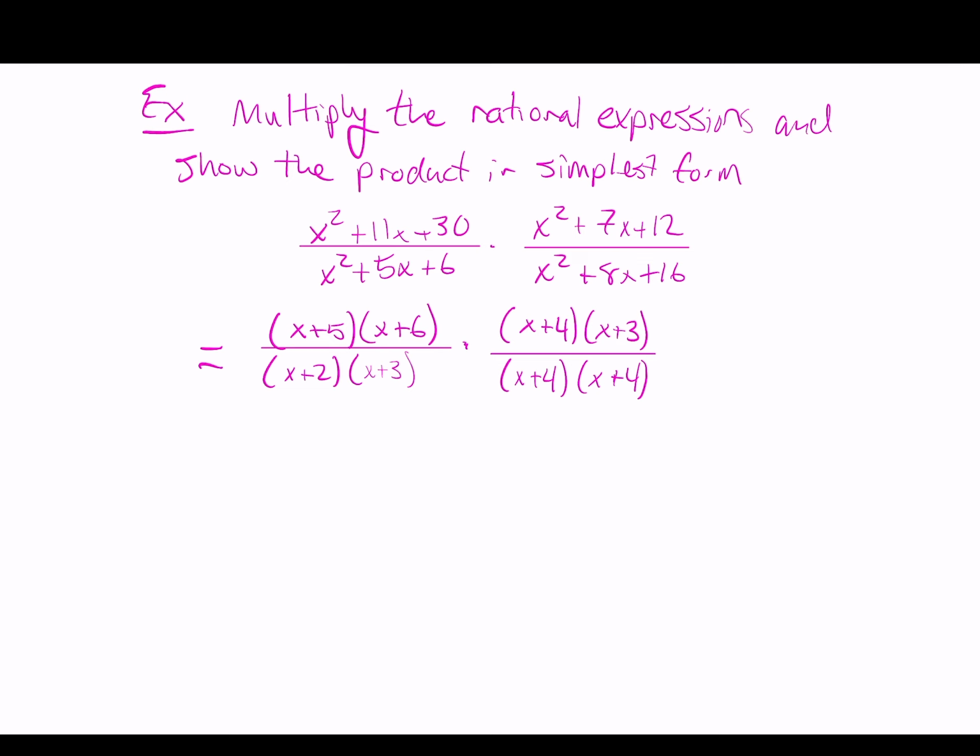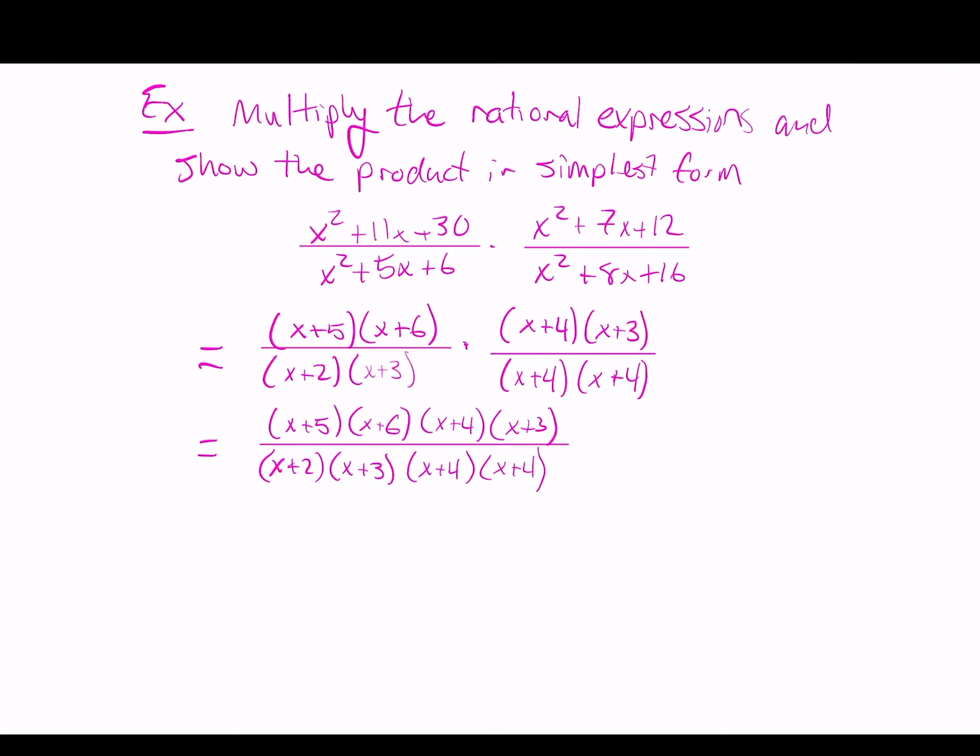So what we then can do is multiply all the numerators together and all the denominators together. So that leaves us with x plus 5, x plus 6, x plus 4, x plus 3, all over x plus 2, x plus 3, x plus 4, x plus 4.